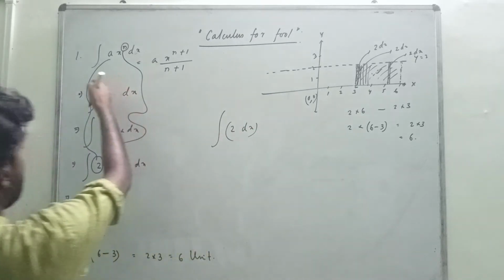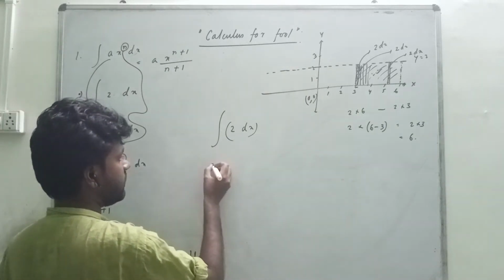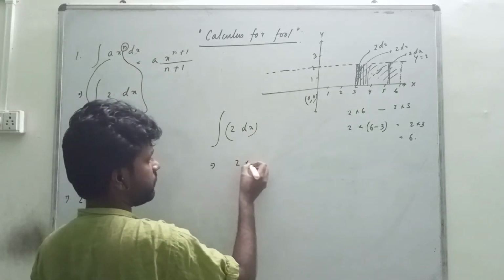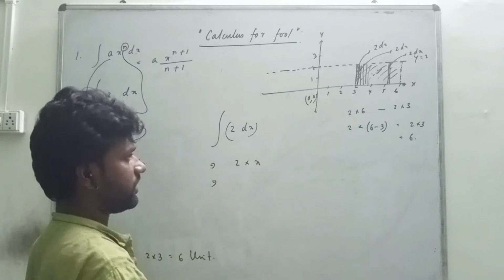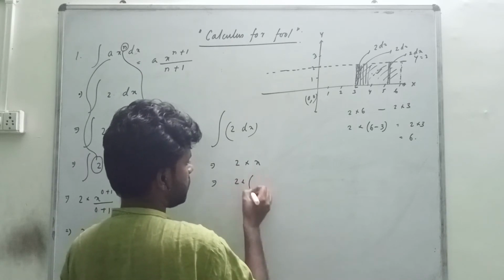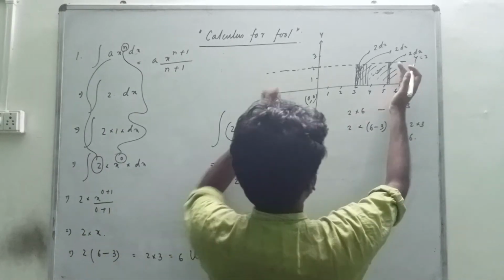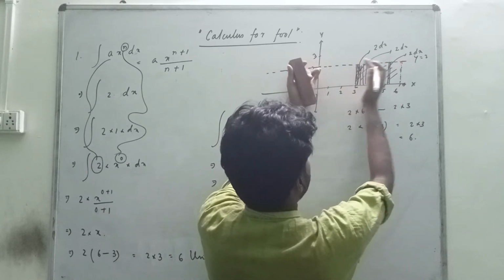After the long process, you will get 2 into x, and instead of x you just impart here, 2 remains constant, and x is from 6 to 3, right?